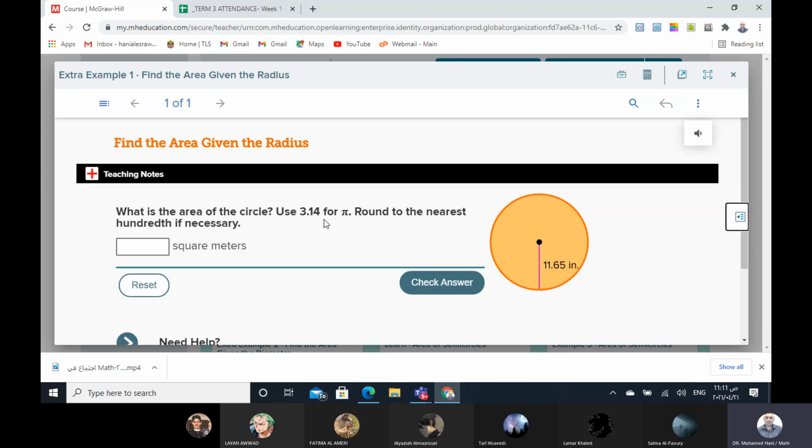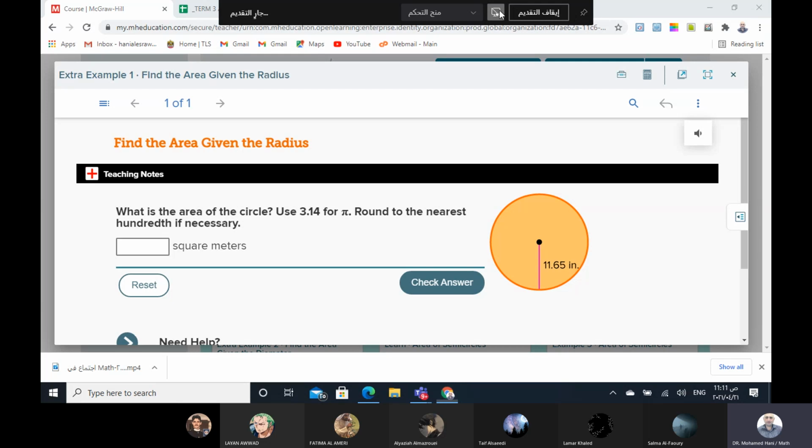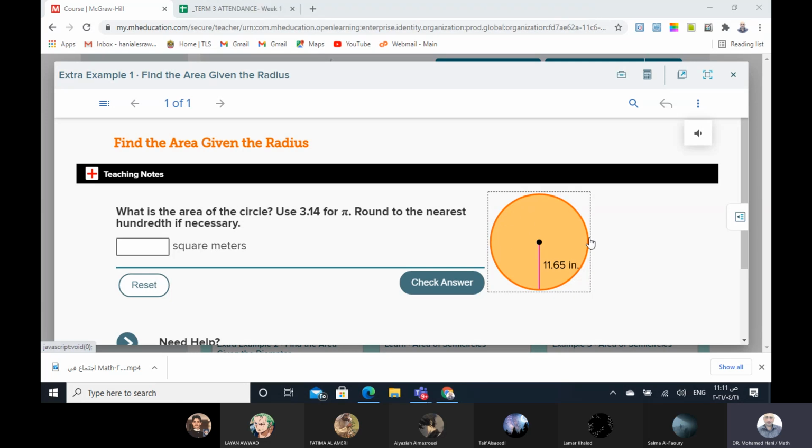Use 3.14 for pi. Round to the nearest hundredth if necessary. As you see here, we have the circle. This is the center of the circle. And here we have the radius. The measure of this radius will be 11.65 inch. Now I want from all to try to find the area, please. Start and tell me what is your answer.